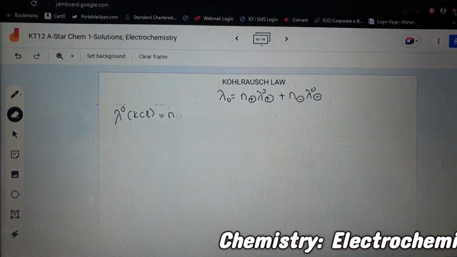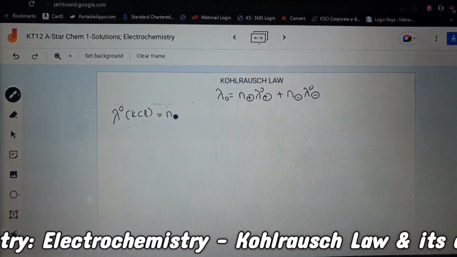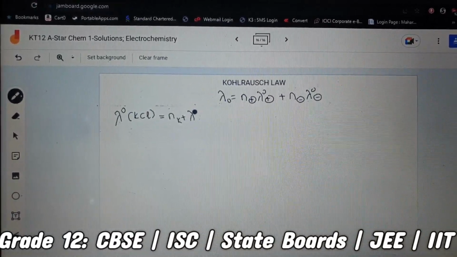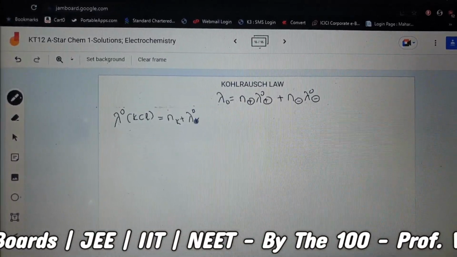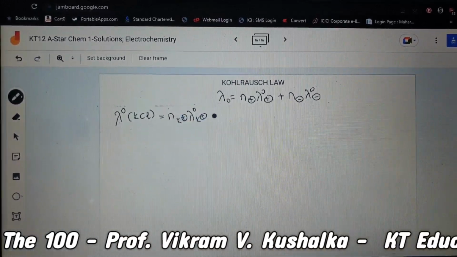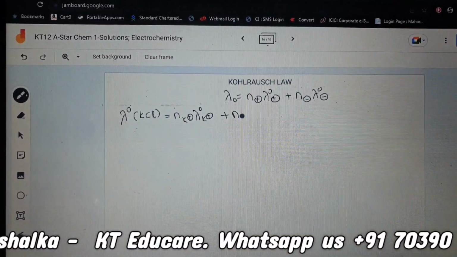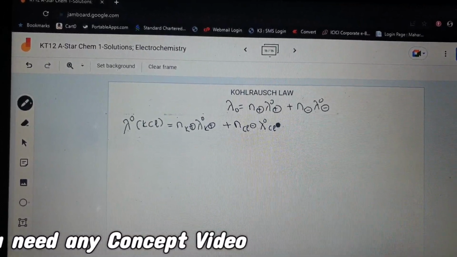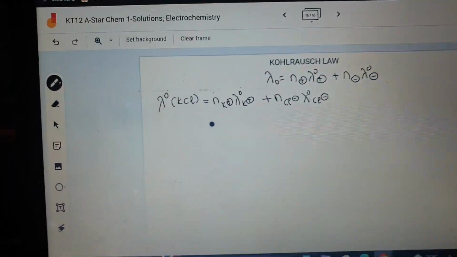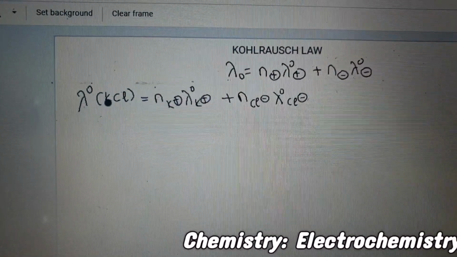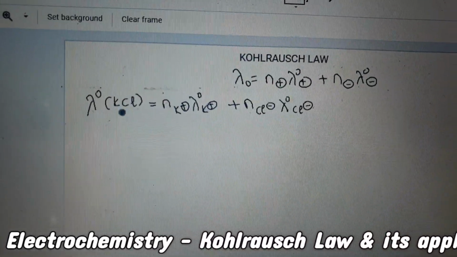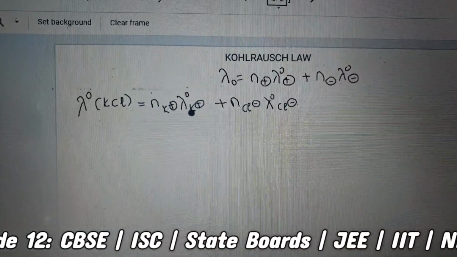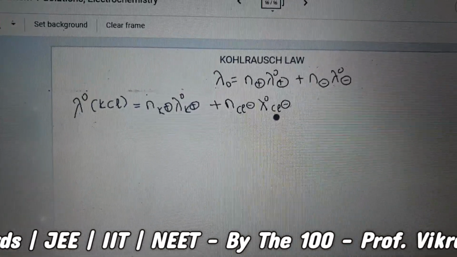So I take n, the number of moles of potassium ions, into molar conductivity, that is lambda naught at zero concentration of the potassium ion, K positive, plus the number of moles of chloride ions into the molar conductivity of the chloride ion. Now here I know that in KCl the number of moles of cation potassium is 1 and the number of moles of chloride is also 1. So it is n K positive into lambda naught K positive plus n Cl negative into lambda naught Cl negative.